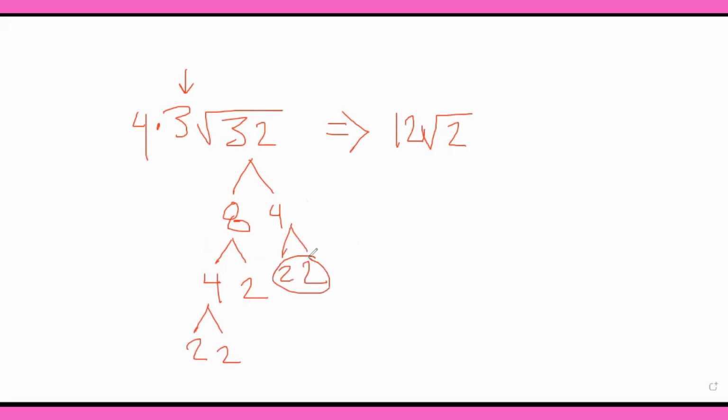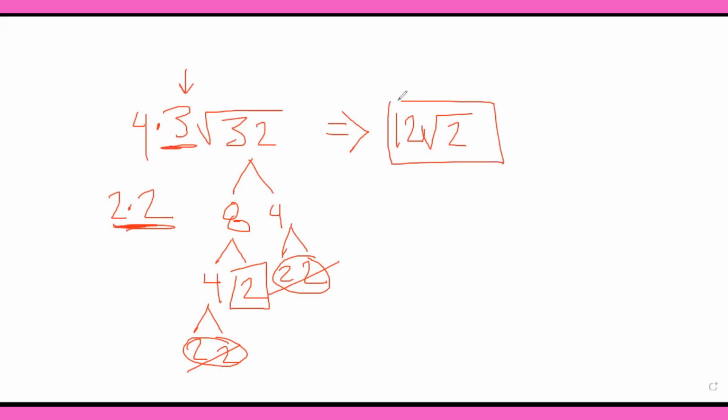So here I have one set of 2, I would bring one out. And here I have another set of 2's, and I would bring one more out. And then this 2 would remain underneath. So that would be 4 on the outside, and I still had the original 3. 4 times 3 is 12, and the 2 remained underneath. So no matter which way you go about it, as long as you keep going down the branches, you should get to the same answer.